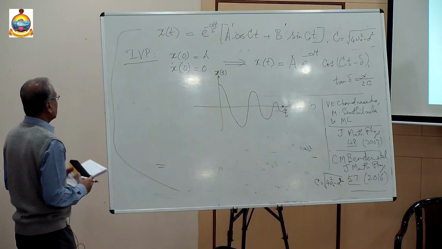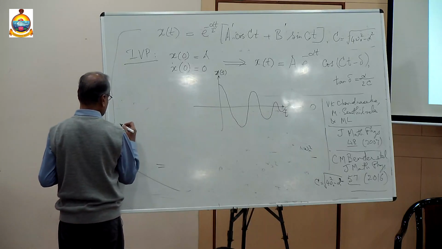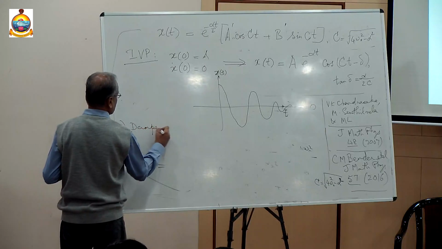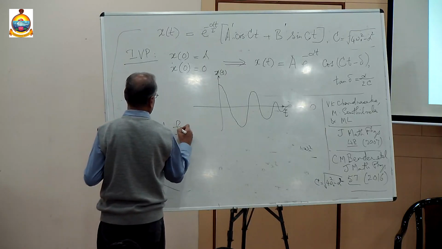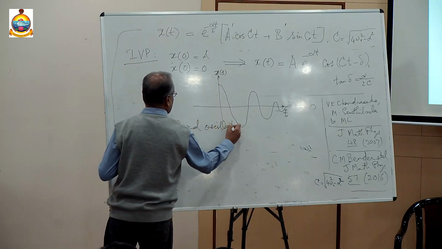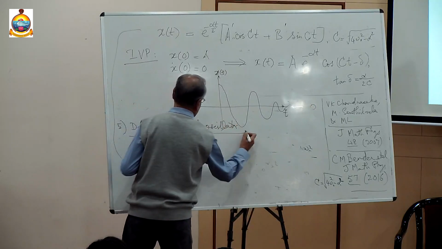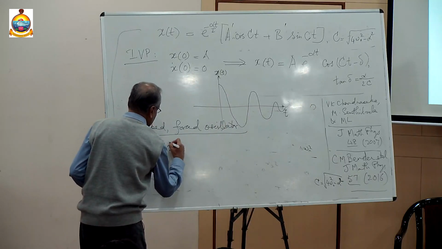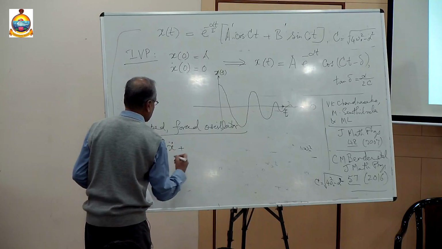Okay. Now, next problem, 4.5. Damped, forced oscillator. The same way you can proceed. You have the homogeneous part. So I divide by m throughout.